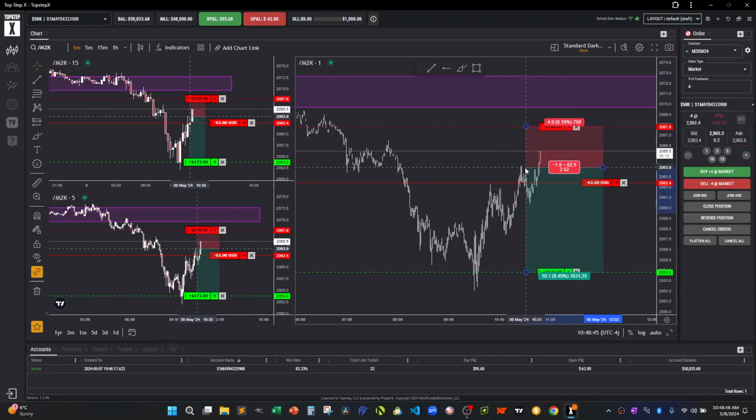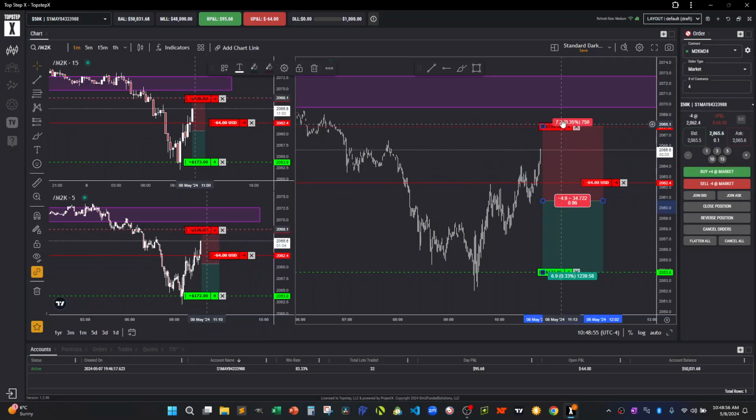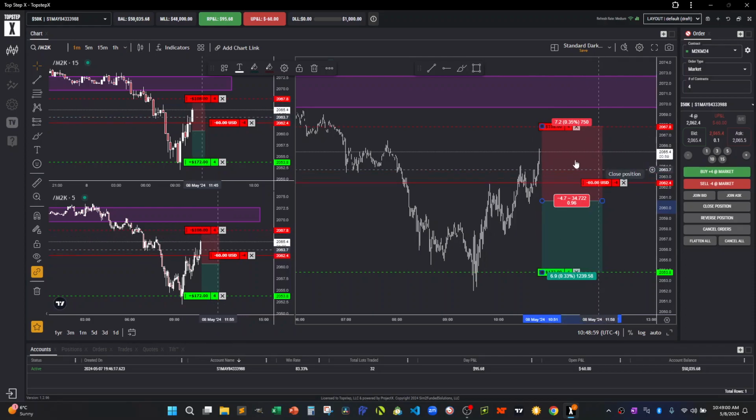Now, in this case, waiting for confirmation would have probably saved you a loss, but at the same time, if it goes down here, breaks, comes back and loses, now your loss is going to be so much bigger.